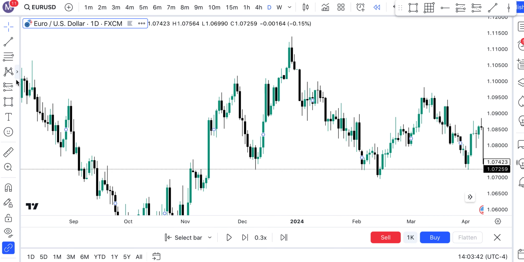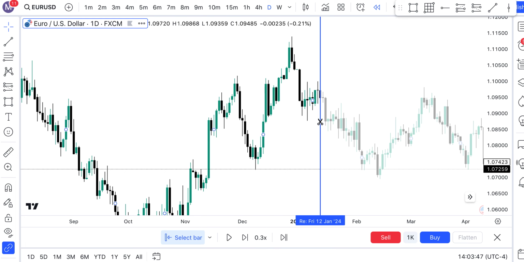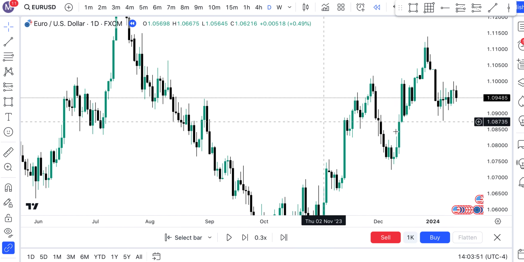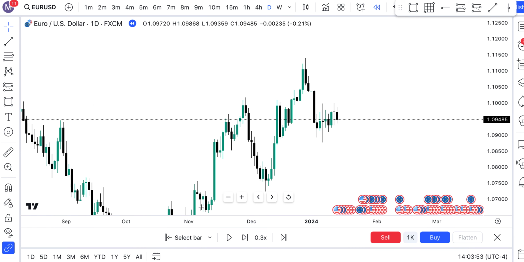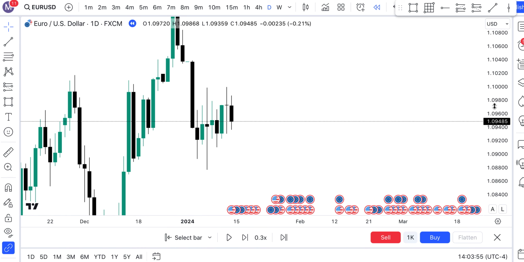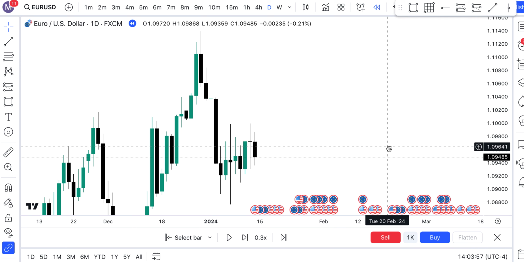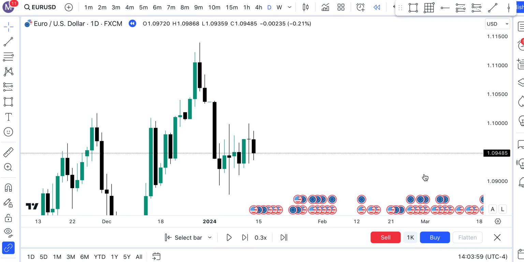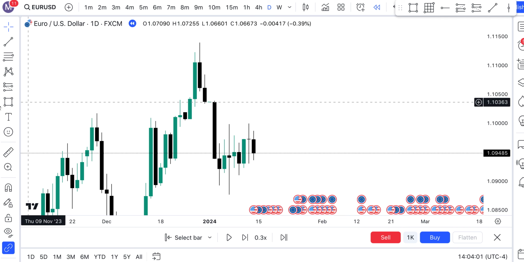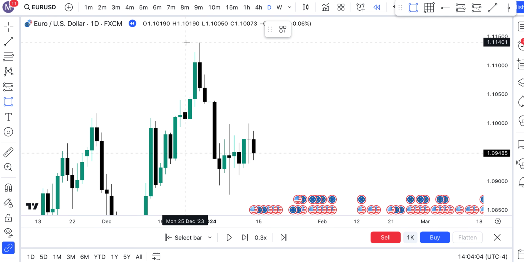Right, here we go. So let's focus on this area of price action.